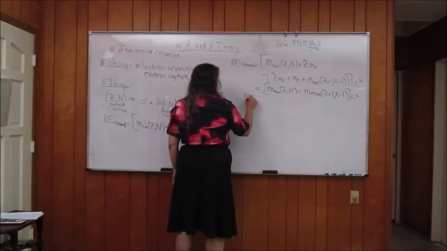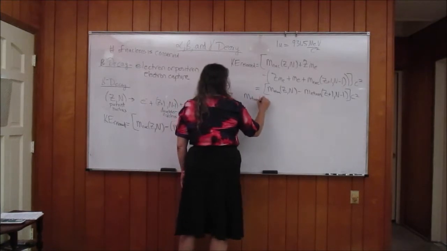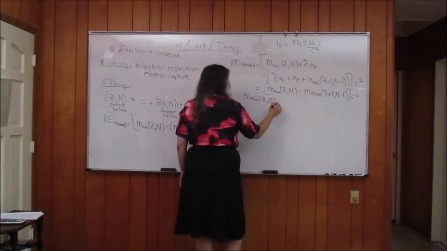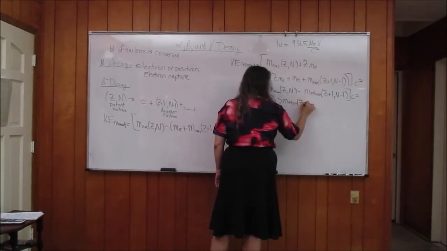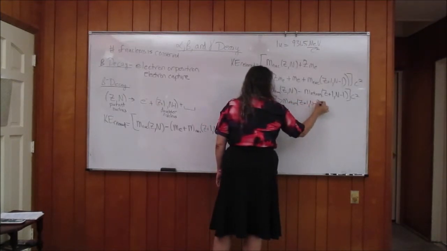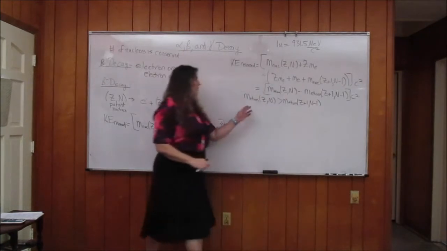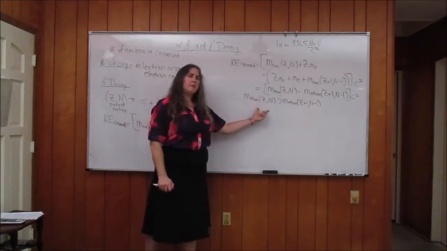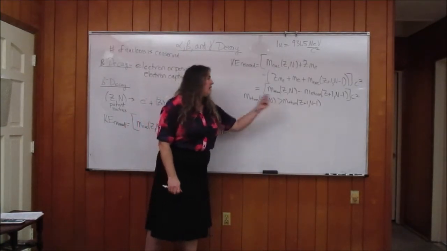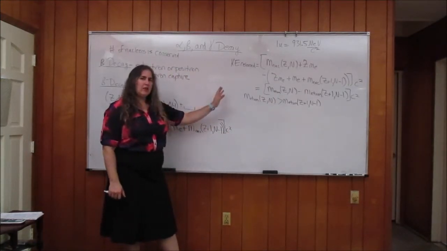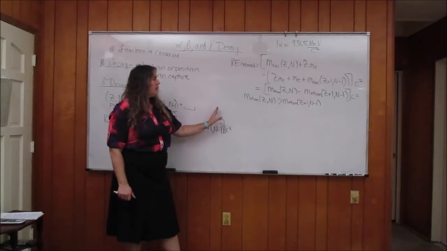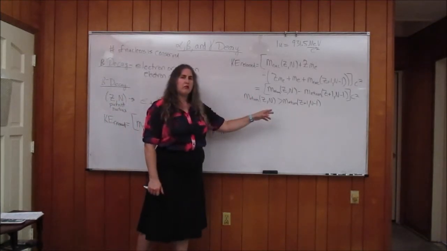So in order for beta decay to occur, it must be the case that the mass of the parent atom has to be greater than the mass of the daughter atom. Now remember, the two nuclei in beta decay are isobars of each other.